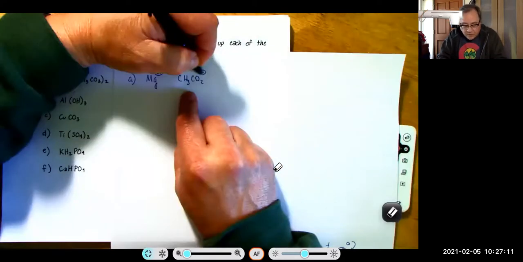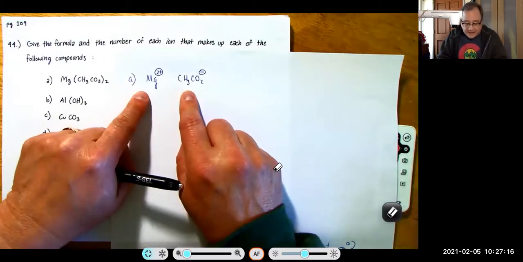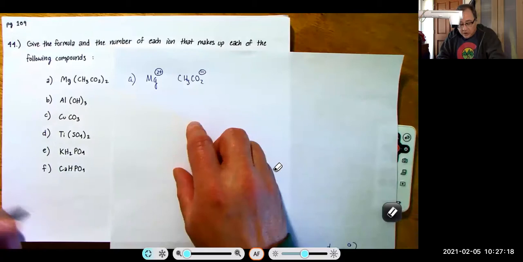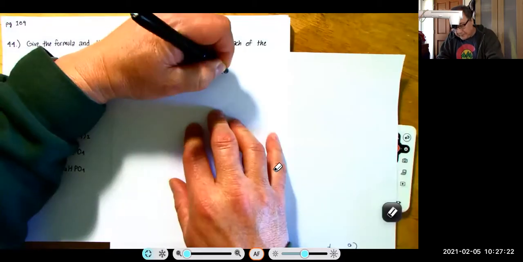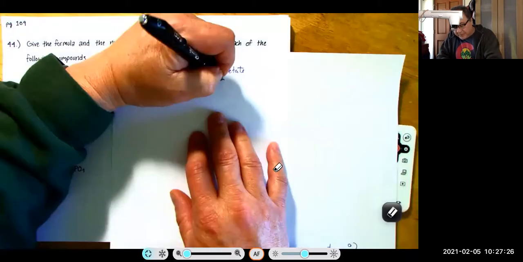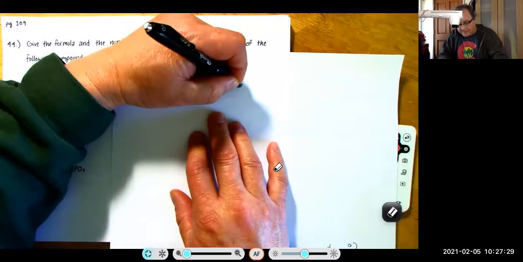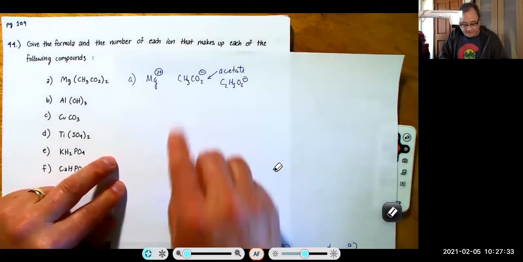So even though we don't recognize this formula, we can actually get the proper charge. Turns out that this is the acetate ion, which I gave you as C2H3O2 -1. They're the same thing. This gives us more information.